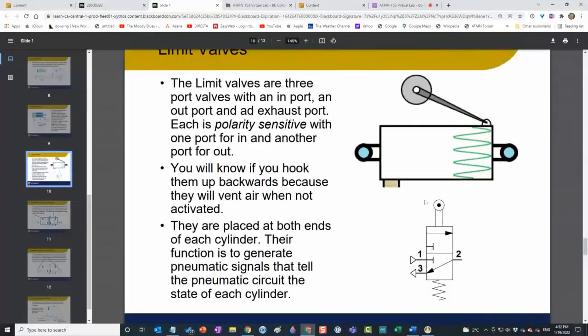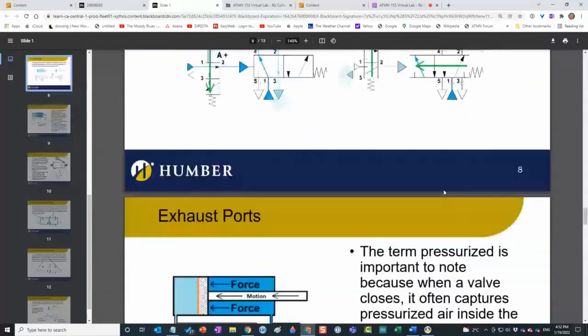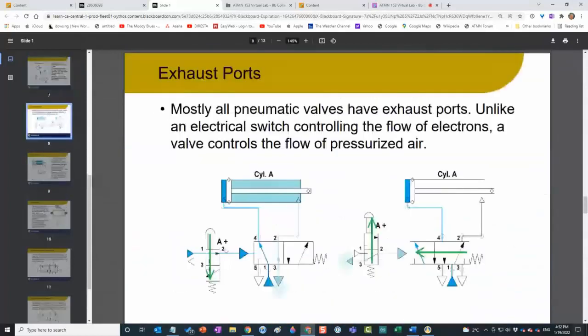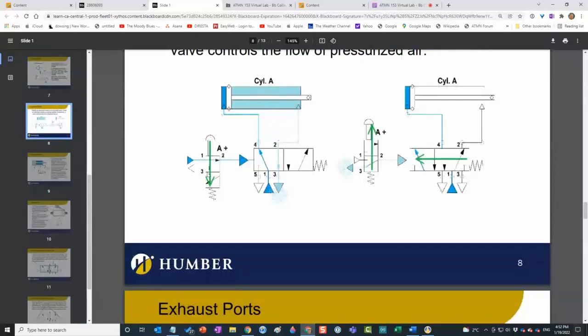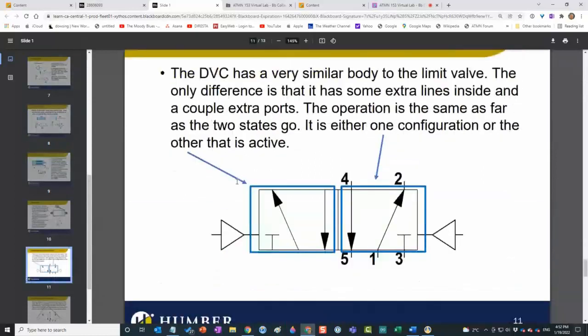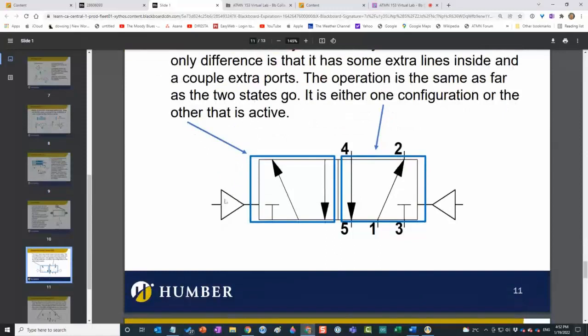In this case, this roller gets pushed by something hitting it, like a cylinder, and it physically makes the valve move. So I need a force. In this case, I've got a push button. I'm physically pushing the push button, and it moves the state of the valve. What's going on in a pilot is that I just put a little tiny pressurized air in here, and there's a little tiny cylinder in here, and it physically pushes it around.